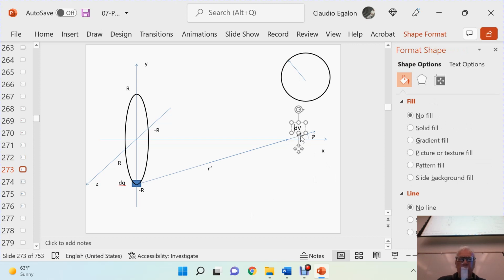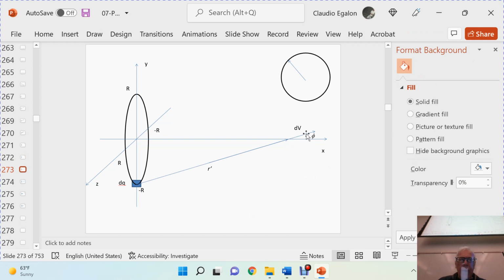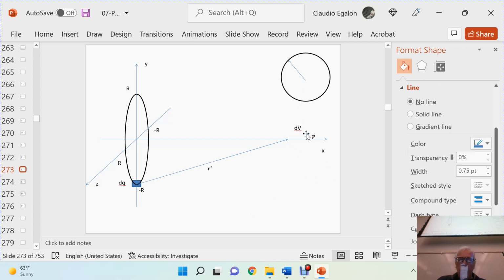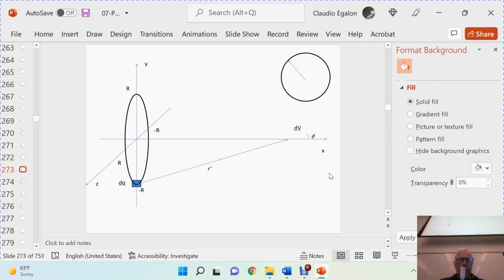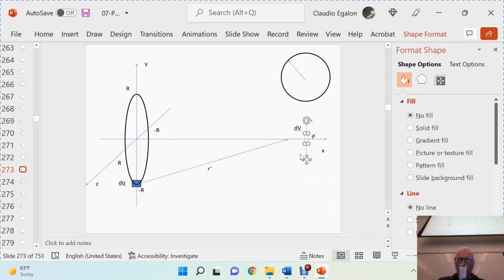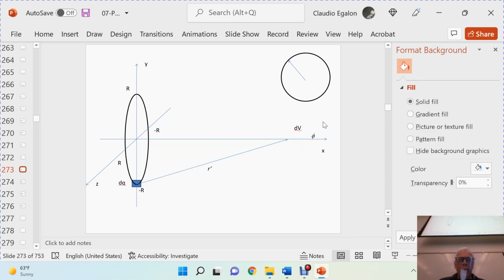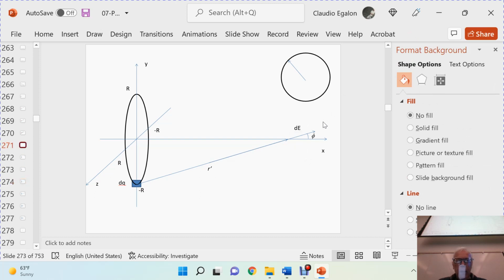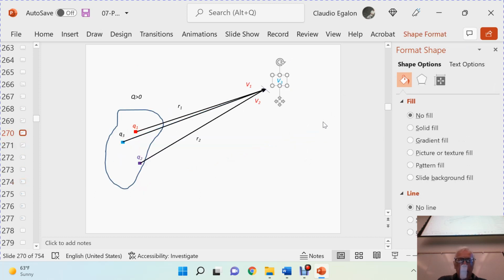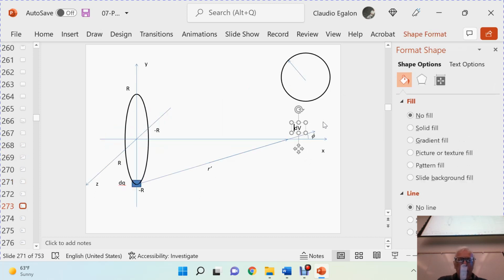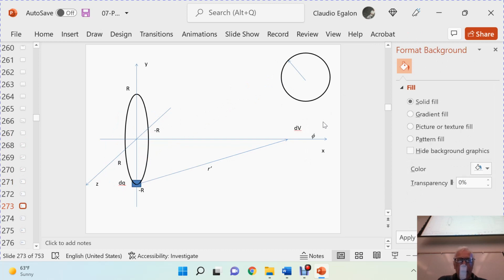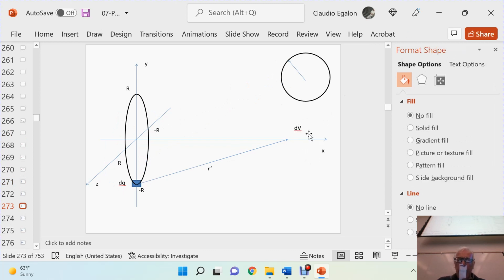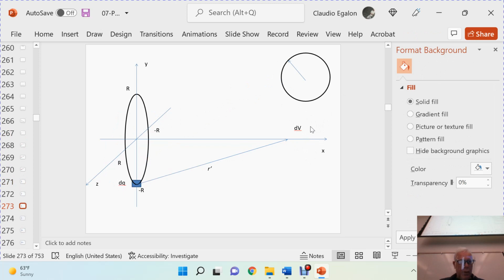Because it is not a vector, we do not need the vector there.